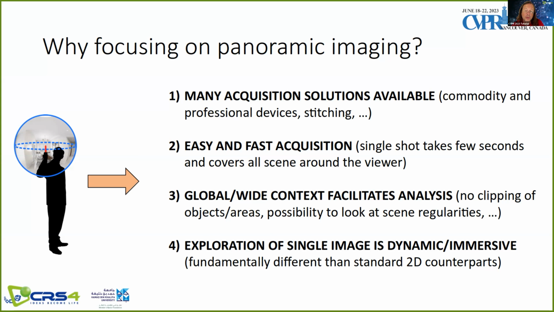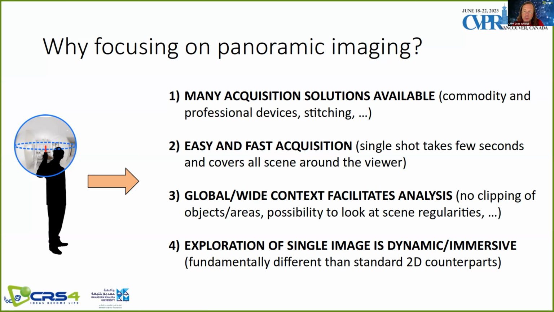Third, the acquired images provide plenty of information from the reconstruction process, which makes them immediately different than a regular image. In fact, there is some global context that derives from the fact that you have your 360-degree view that facilitates the analysis.